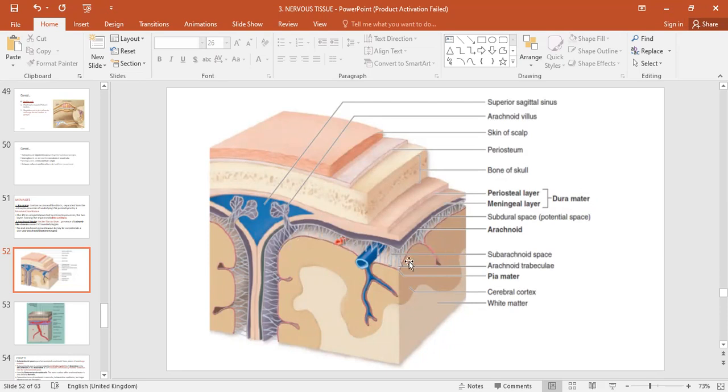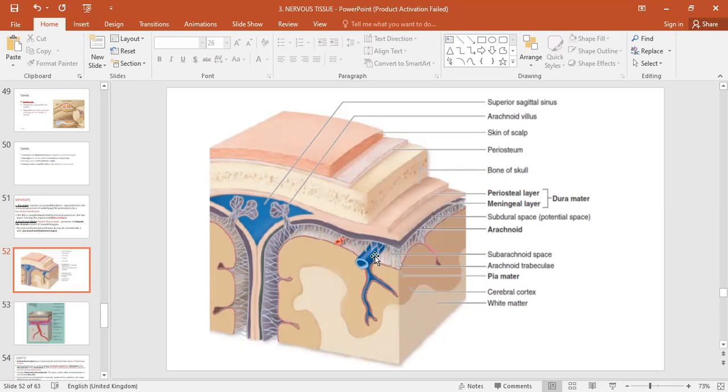This space serves as a route through which blood vessels pass in and out of the brain. You can see here, this is a vein leaving the brain going to the heart. This is an artery from the heart going into the brain to bring blood. So all of them are located in the subarachnoid space.